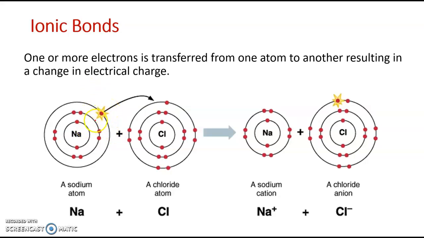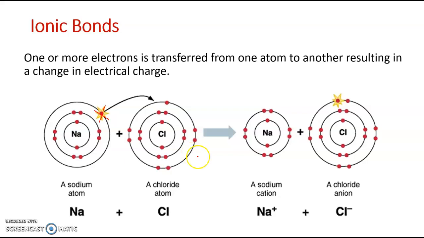It has 1, 2, 3 shells, but there's only 1 electron out here. So in order for sodium to become stable and meet its octet rule, the easiest thing for it to do would be to lose this electron because its next inner shell is complete, having 8 valence electrons. So sodium would be happy to lose that electron.